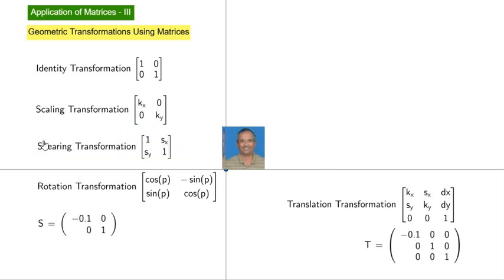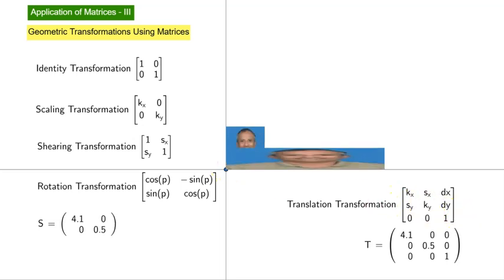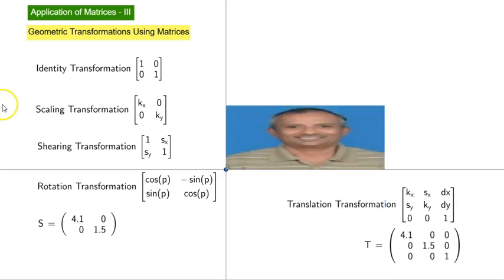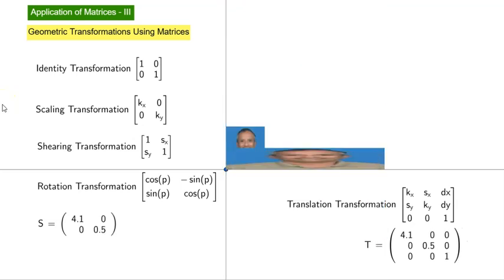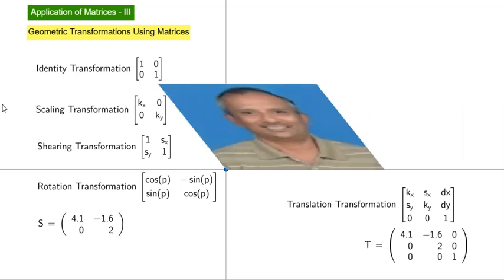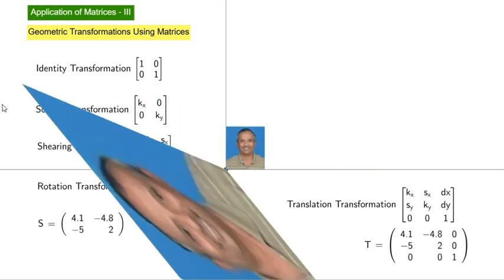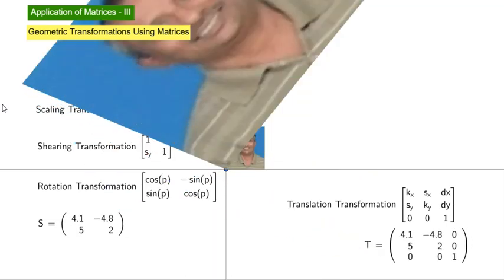So this is in the x direction. Look at this matrix and look at this matrix. Here dx, dy doesn't change. That is why it remains on this along the origin. Now if I change along the y-axis, now shearing along the x-axis, and now shearing along the y-axis.